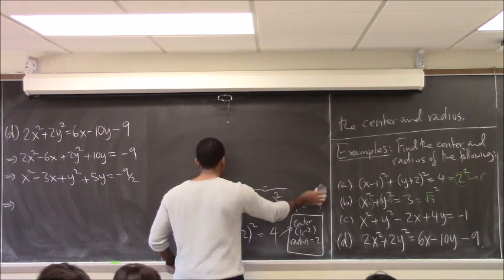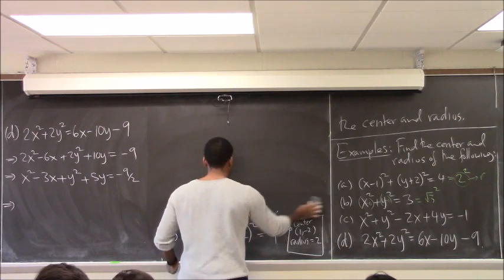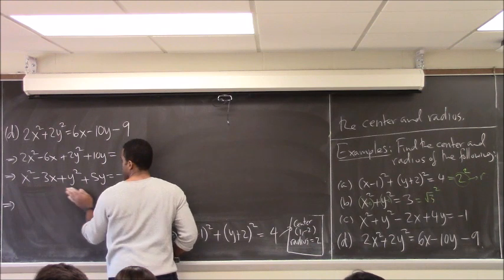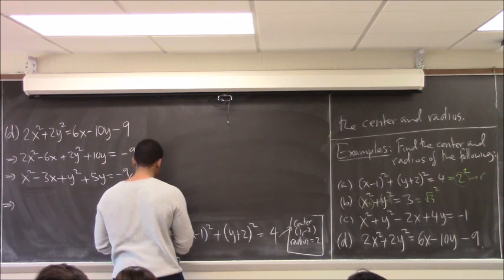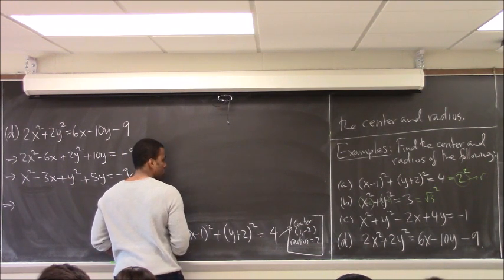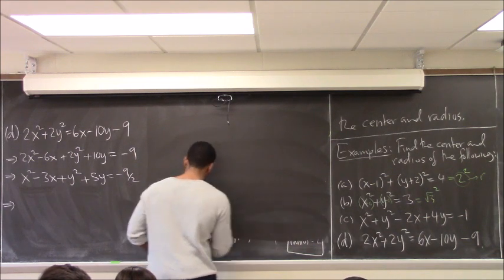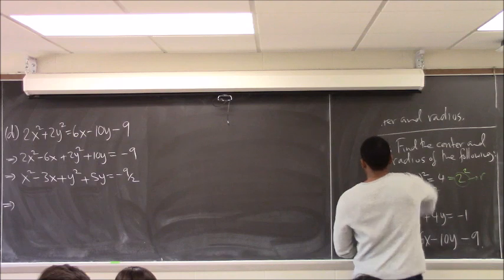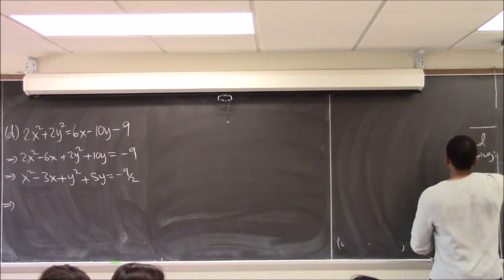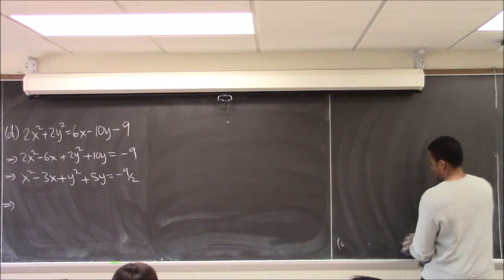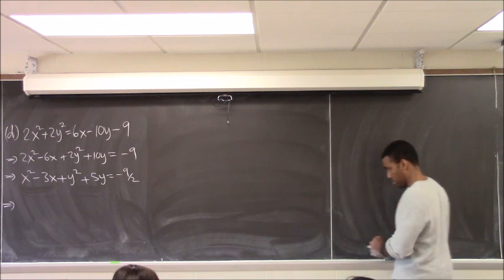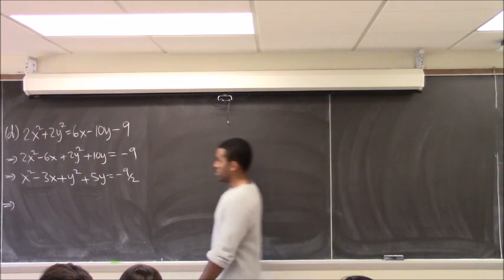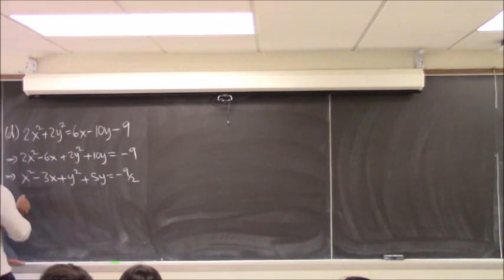Now what? Well, they're already grouped. We have the x's here and the y's here. What do we do with them? It'll just be x minus 3 divided by 2.